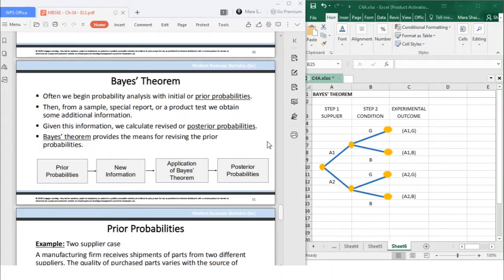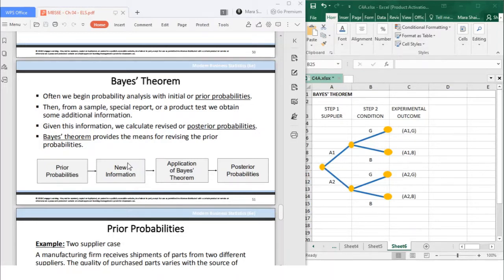Again, the steps are: we have the prior probabilities, or your initial probabilities, and then you gain new information which has effects on the prior probabilities, or which can cause changes to your prior probabilities.